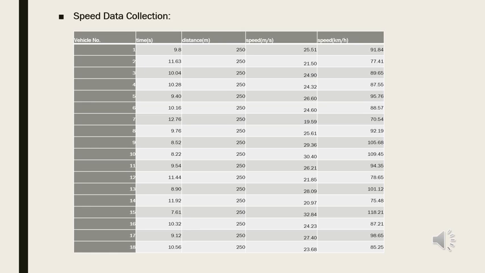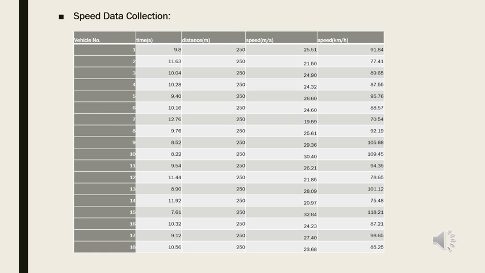We started counting the time for 62 vehicles, and as you can see in the table, the first column is the vehicle's number, the second column is the time in seconds, and the third column is the distance of our section, and it is fixed for all vehicles and it is 250 meters.